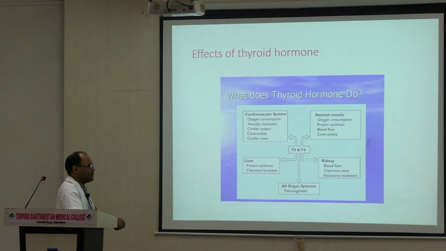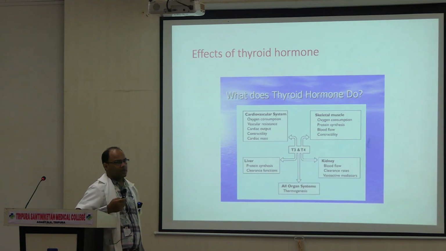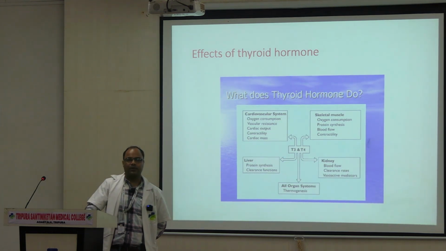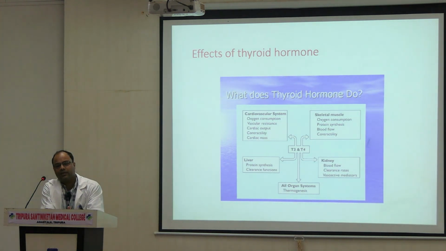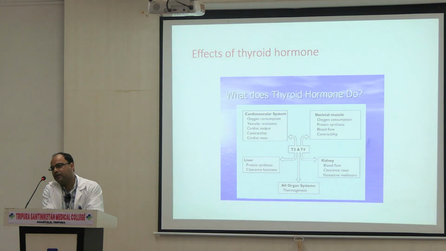In the liver, it increases protein synthesis and clearance function. In the kidney, it increases blood flow, clearance rate and vasoactive mediators. In all organ systems, it increases heat; thermogenesis occurs because it has receptors in mitochondria also. So one biological uncoupler is thyroid hormone T3.